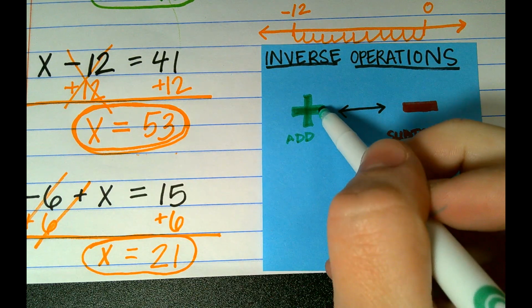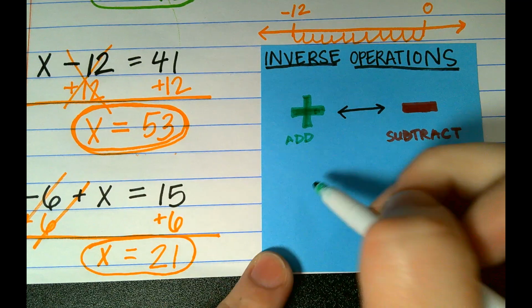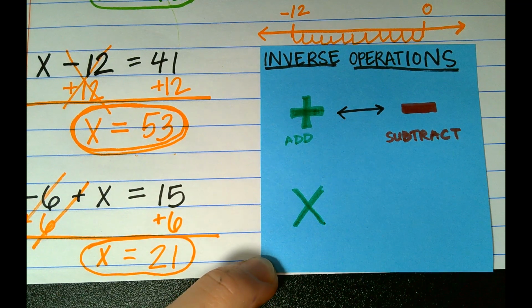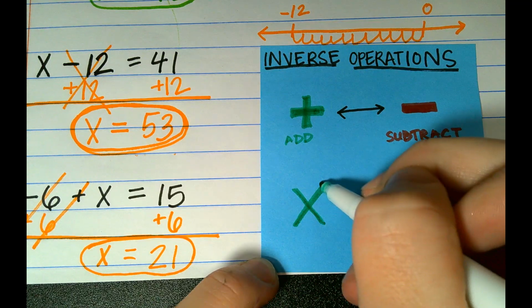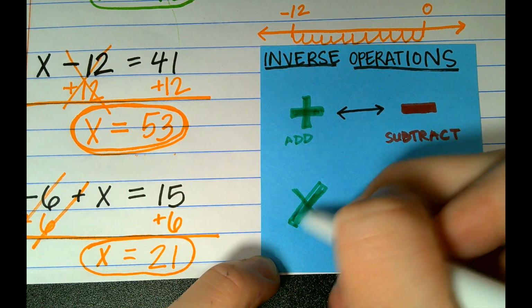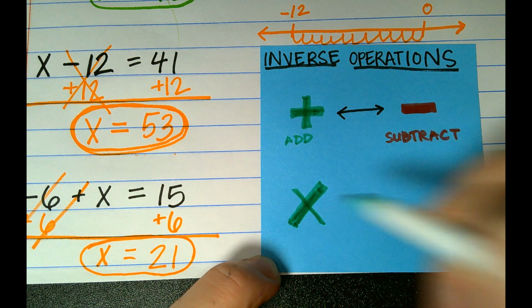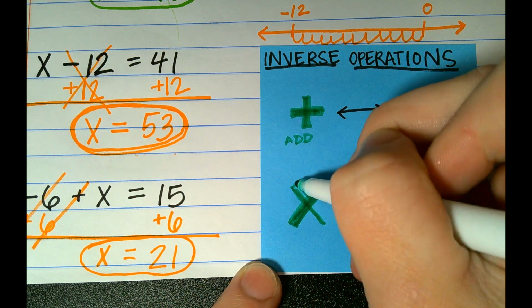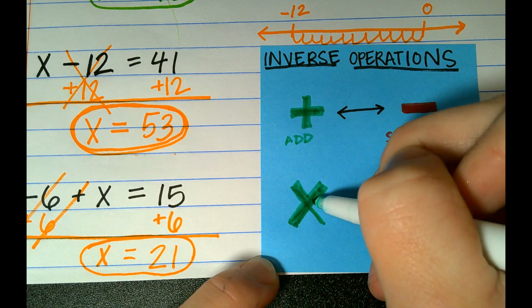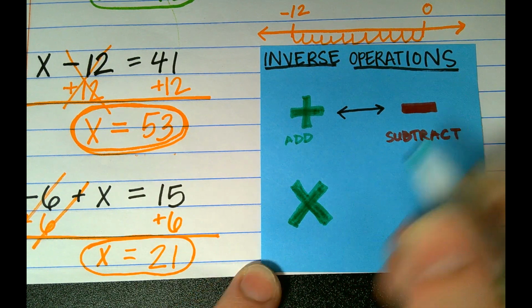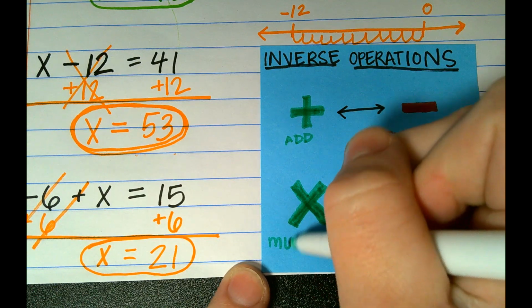Now the next two, I'm going to write multiply. What do you think the opposite of multiplying is? Dividing. Yeah, that's it. So multiply and divide are opposites. And I'm going to show you how that works.